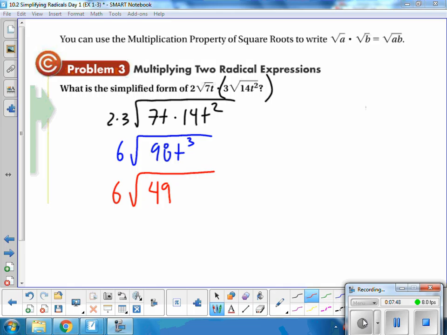49. And my t squared, I'm going to break it up into t to the 2nd power and a second t. So here's my 2 pieces. So I'm going to take my 98, I'm going to break it up to 49 times 2, which gave me a perfect square. I'm going to take my t to the 3rd, I'm going to break it up into t squared times t. And this allows me to do some factoring here.